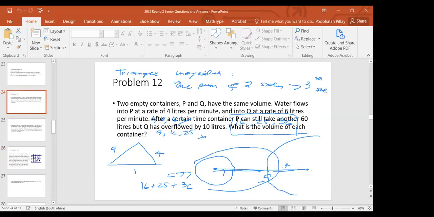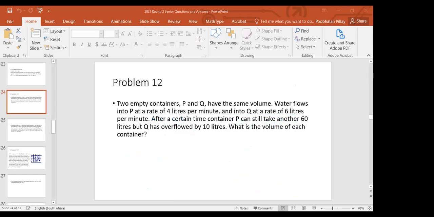So now we look at problem number 12. It speaks about two containers which have the same volume. Okay, let's just draw these containers.